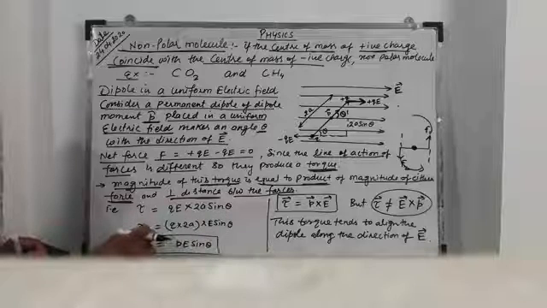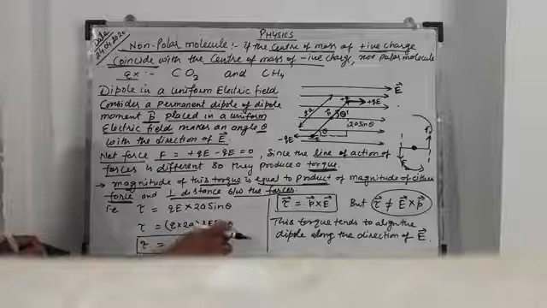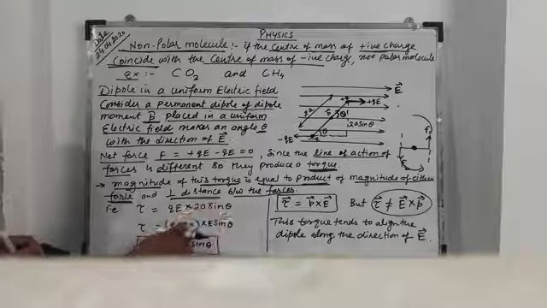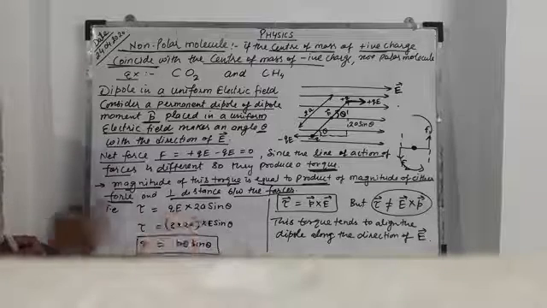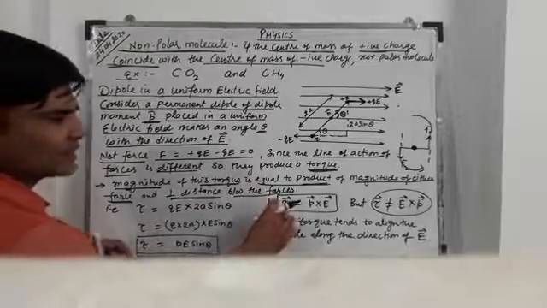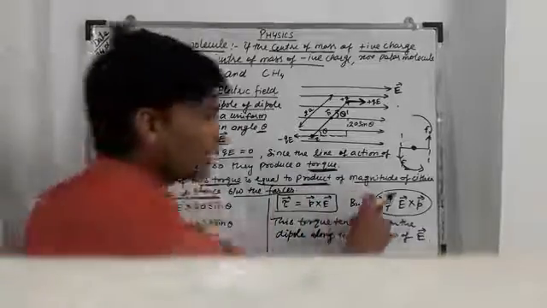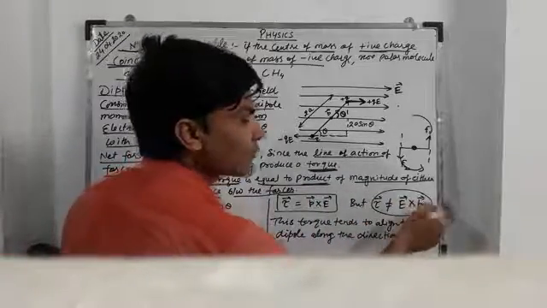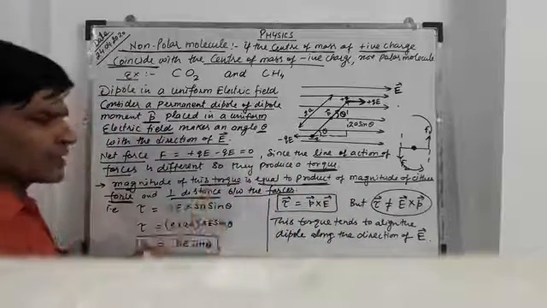Then tau is equal to Q into 2a into E sine theta. Q into 2a is P, so tau is equal to PE sine theta. Now in vector notation, tau is equal to P cross E, but tau can never be equal to E cross P because the cross product is not commutative.